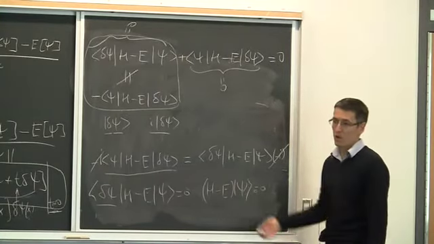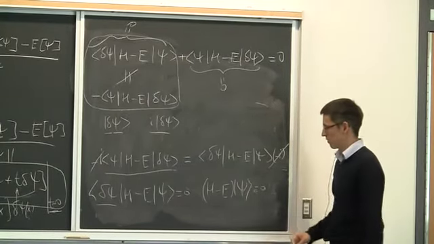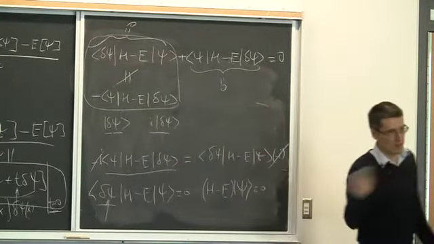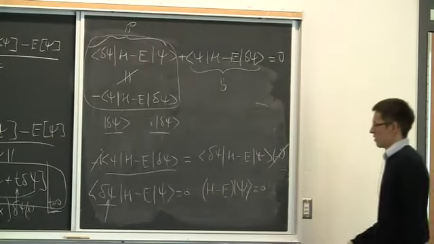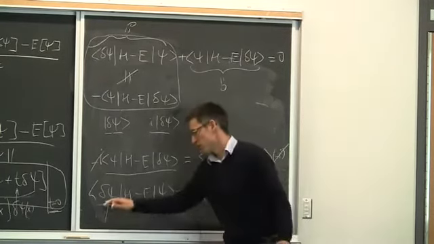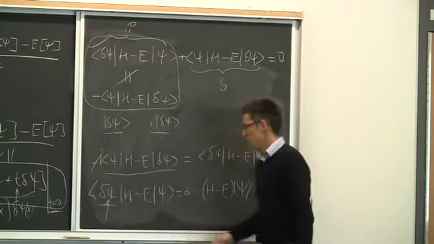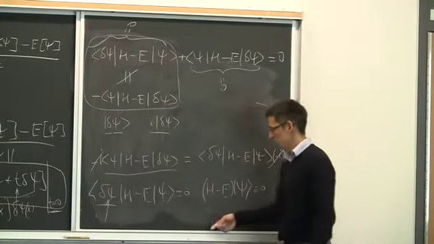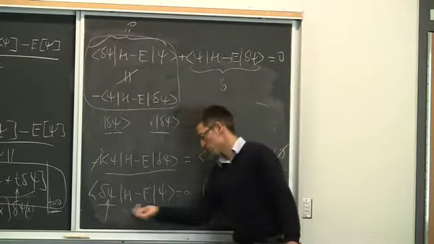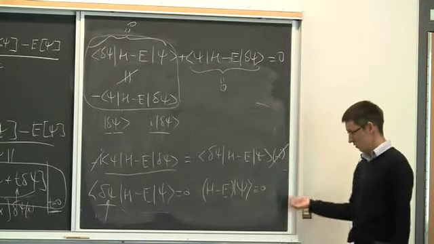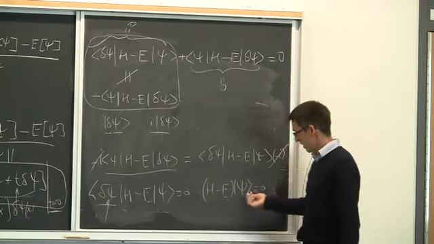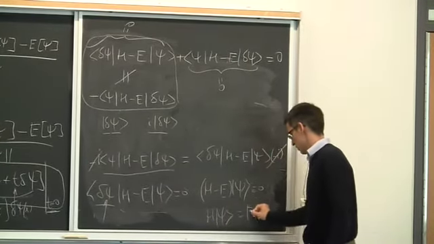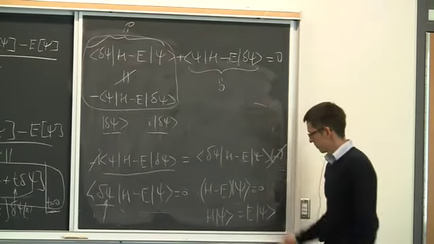Not in one or two points, but everywhere, because this delta psi can be any function, right? And this is an integral of any function with some function. And so if any function with some function integrated should be giving you 0, then it means that you're integrating this some function with 0. That's the only way. And then this is just a Schrödinger equation in a different form, right?